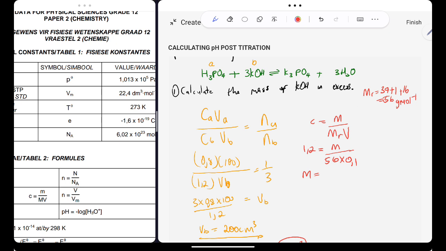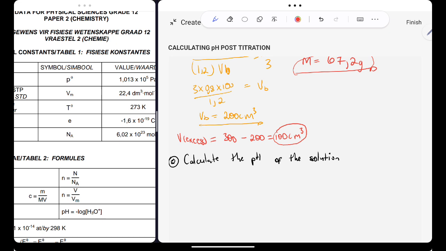I'll simply get 67.2 grams. This is the mass of my potassium hydroxide which is in excess. Are you together?